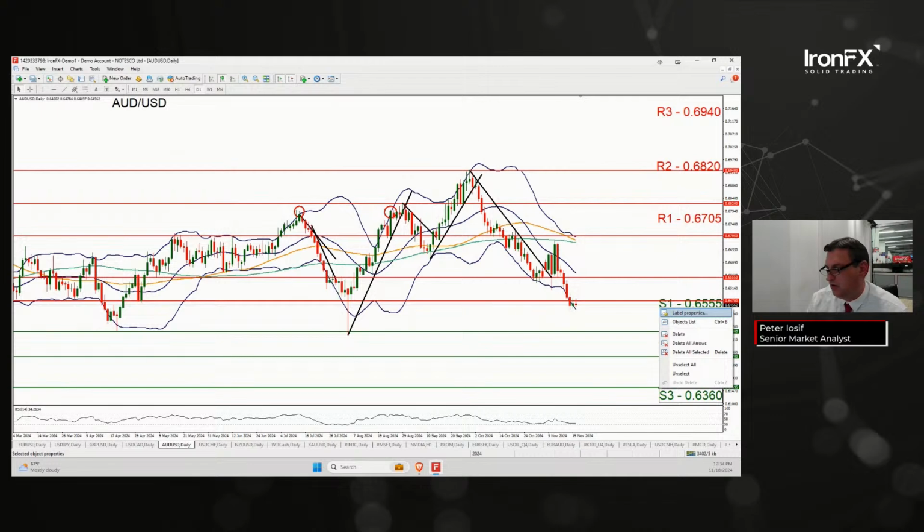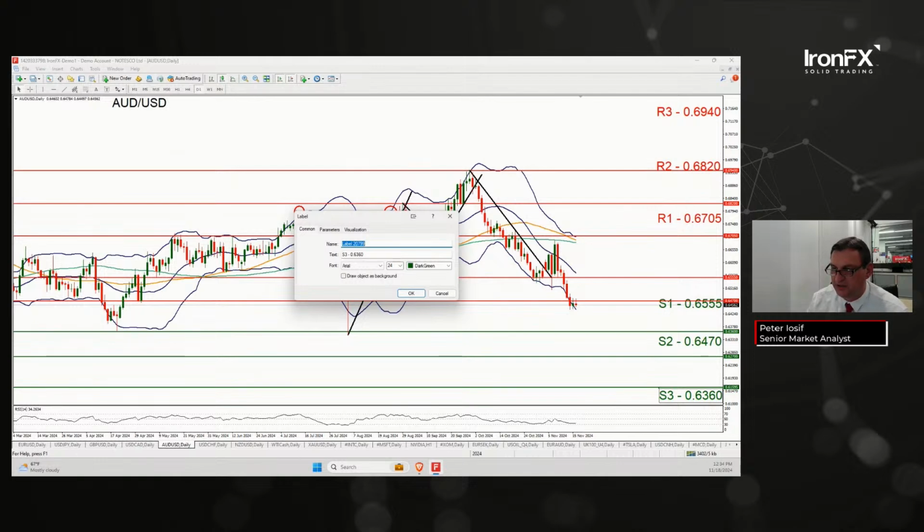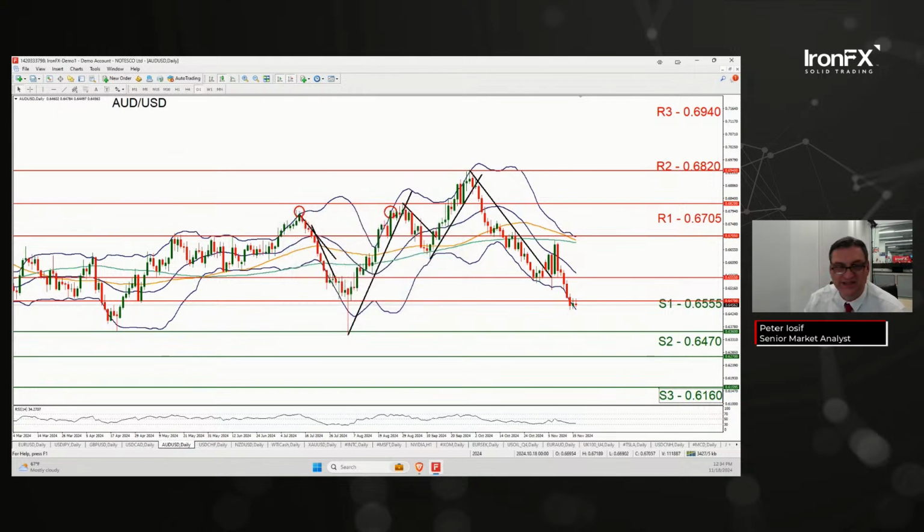Now, Aussie traders, on a fundamental basis, I would be advising Aussie traders to keep a close eye over the release of RBA's meeting minutes tomorrow during the Asian session.